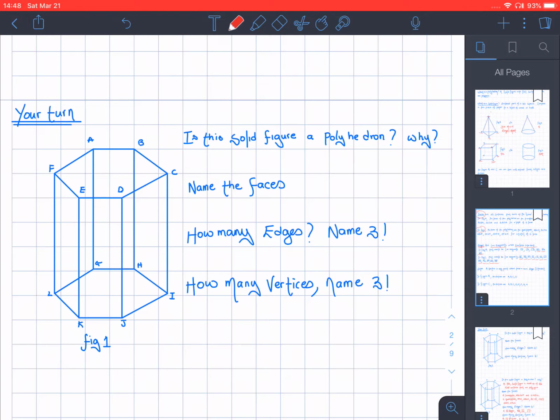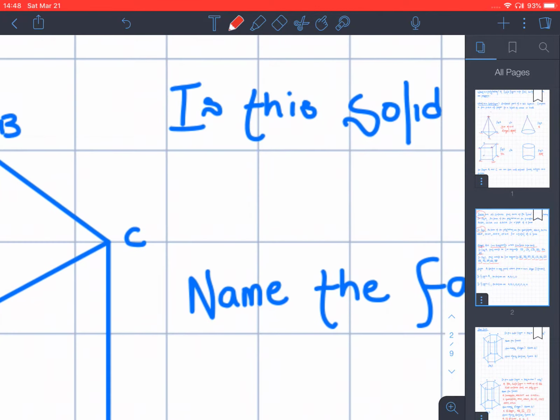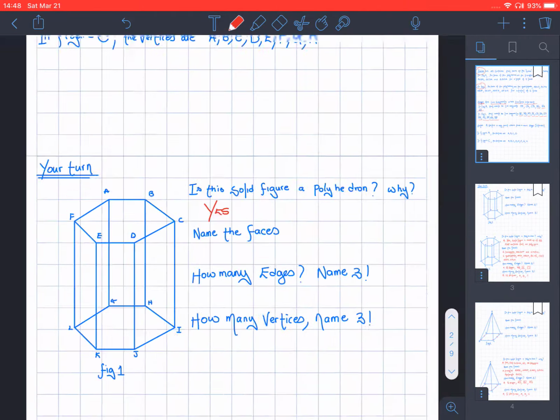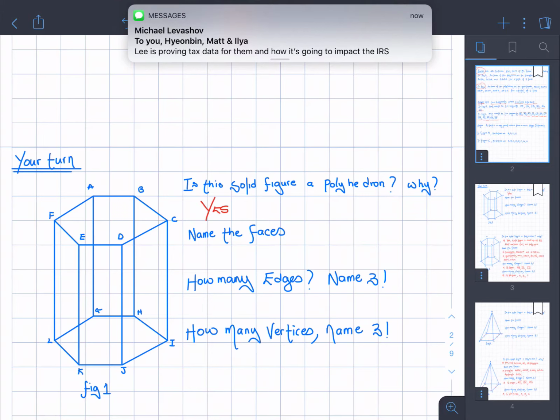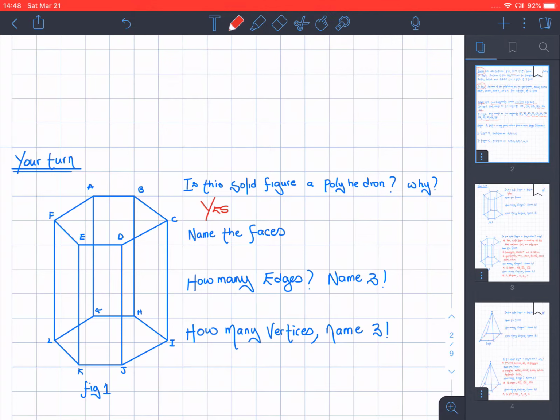I guess I've already answered this, so I'll just go ahead and say yes. And the reason is that all the sides are very well defined as polygons, and they are all flat surfaces. Because it's made up of 2 hexagons and 6 rectangles, that's what makes it a polyhedron.